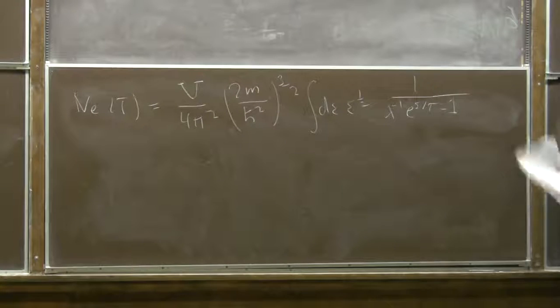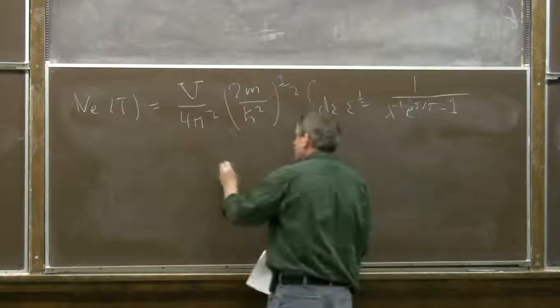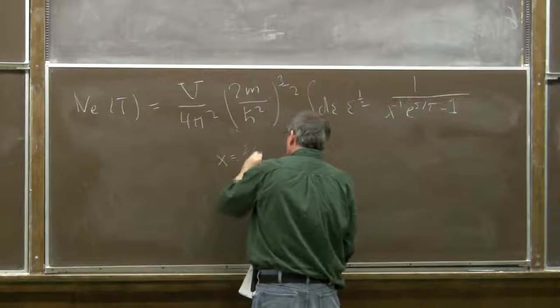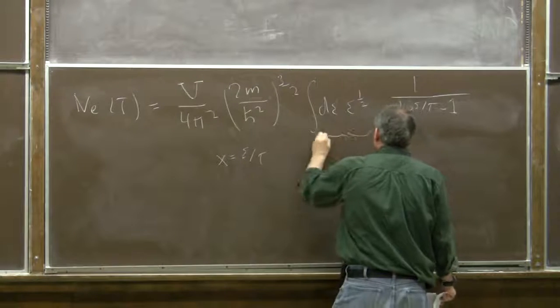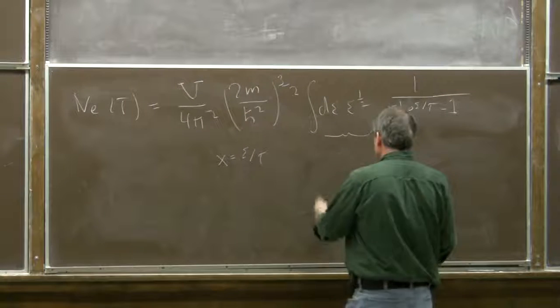So I'd like to convert that integral to a dimensionless integral. Let's let x equal energy divided by tau.